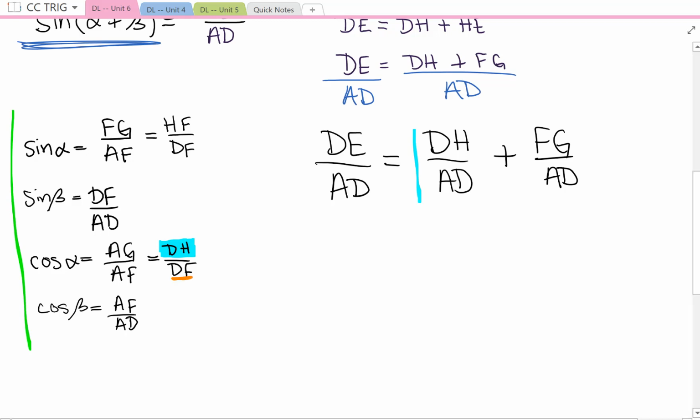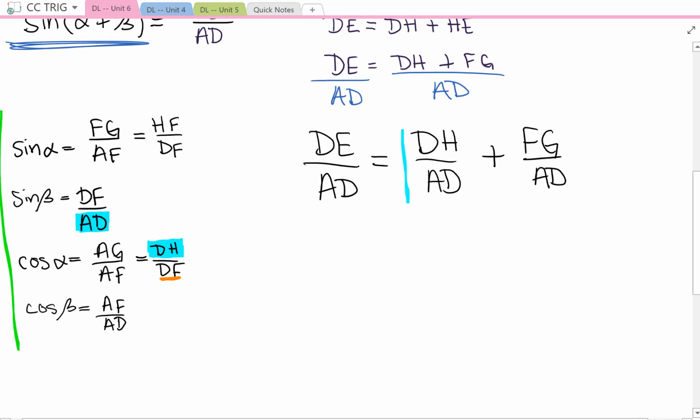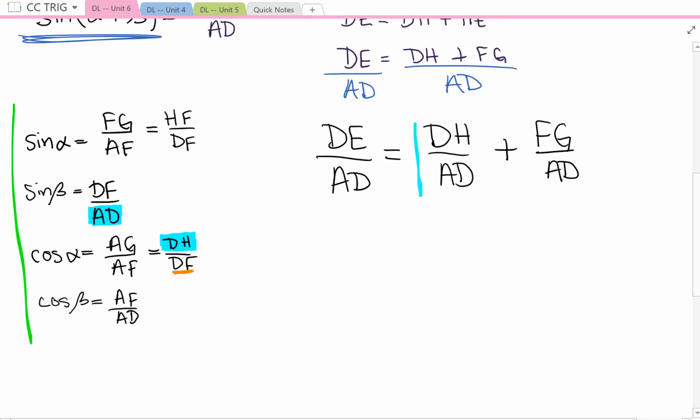Interesting. Okay. Do we have anything with AD on the bottom? Anything over AD? This one right here is over AD, and its numerator is also DF.